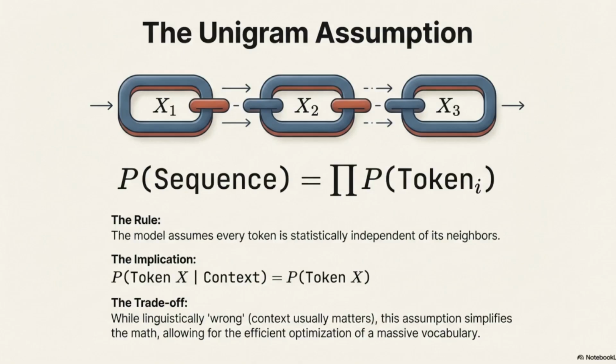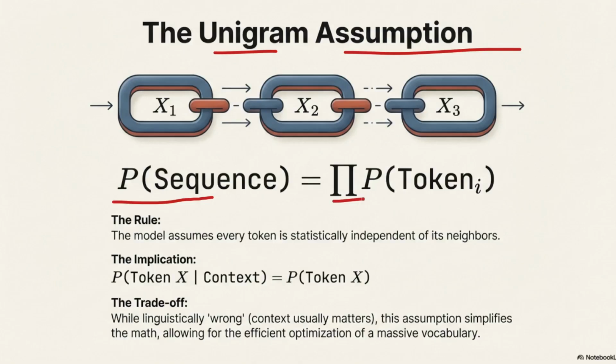How does the model make decisions? It relies on the Unigram assumption. The model considers every token to be independent of the token before it. It is the simplest form of language model. Mathematically, the probability of the specific tokenized word is simply the product of the probabilities of each individual token in that sequence.